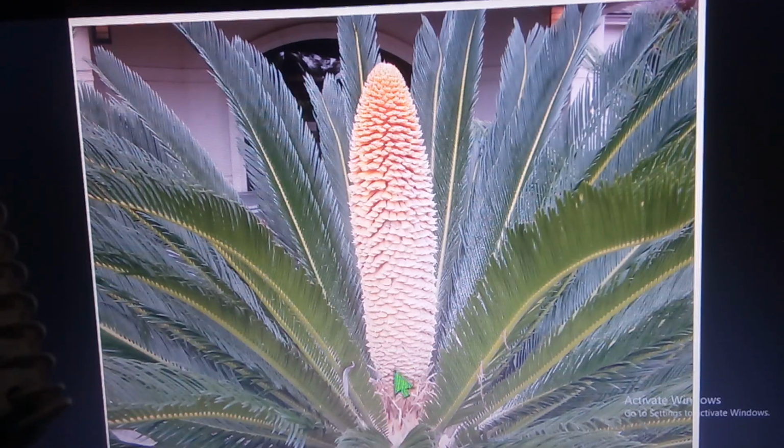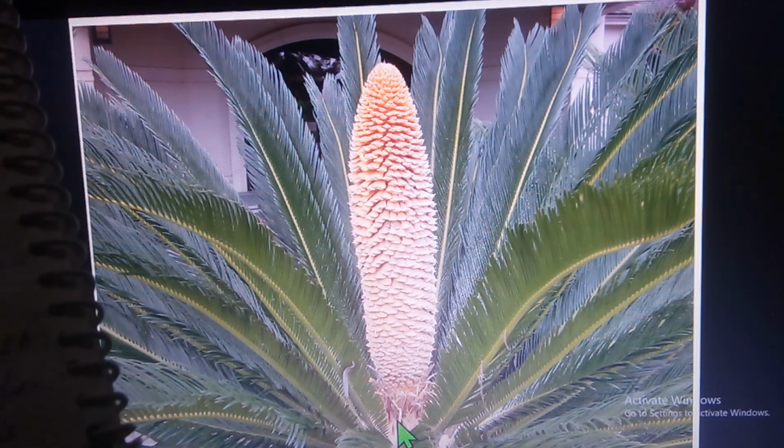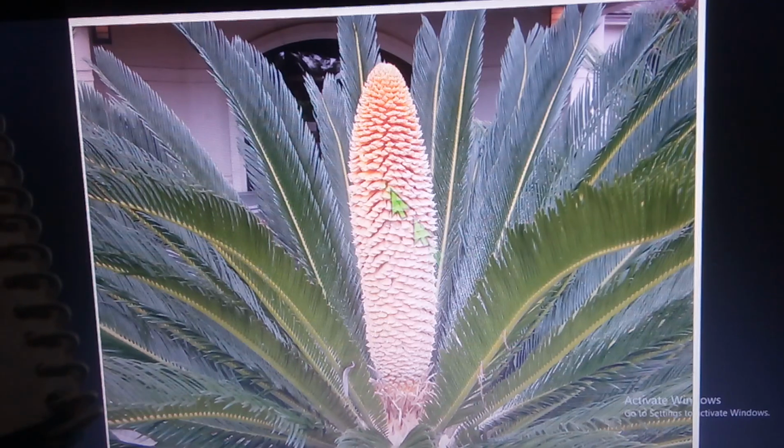Now in the case of Cycas, the shoot apex is utilized in the development of the male cone, so the apical growth of the stem itself is stopped. Why? Because it is used in the development of this male cone.